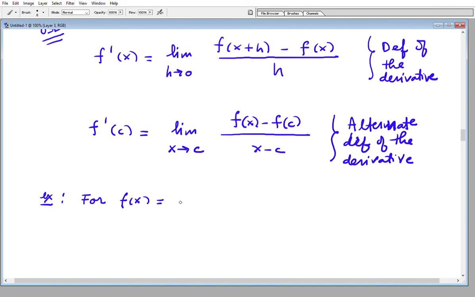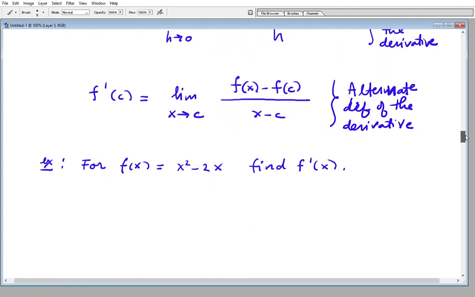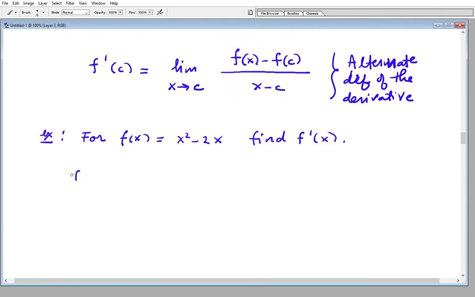Let's say we have this one. We'll do a polynomial. We'll use the definition of the derivative, not the alternate.